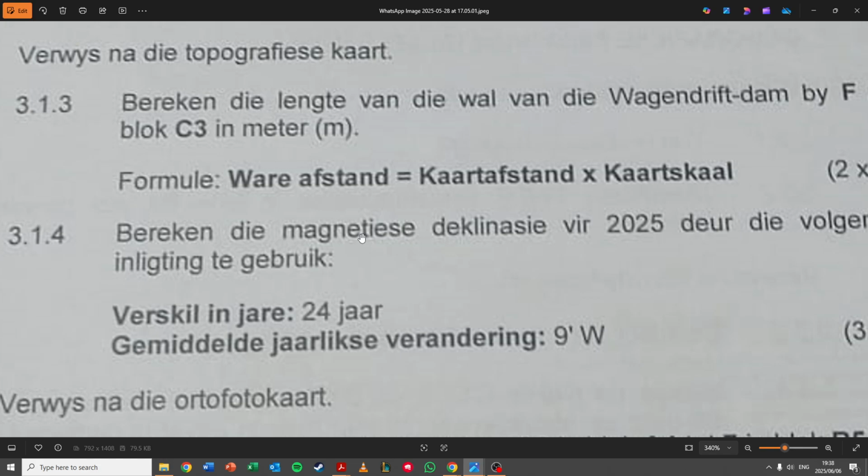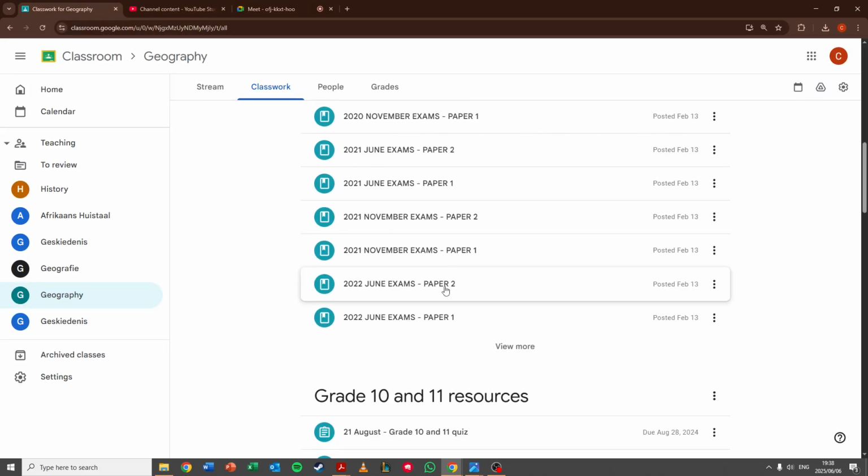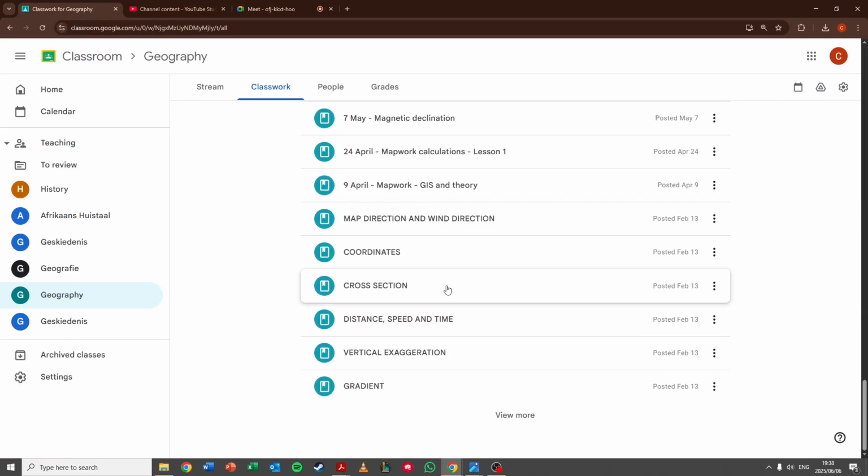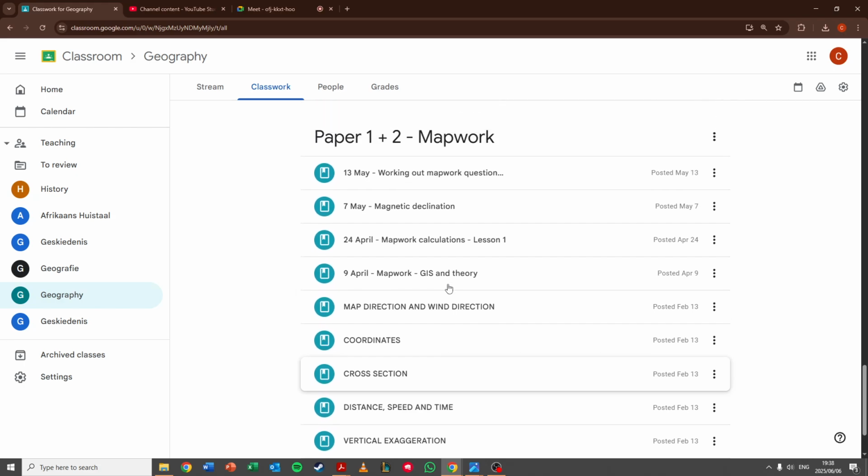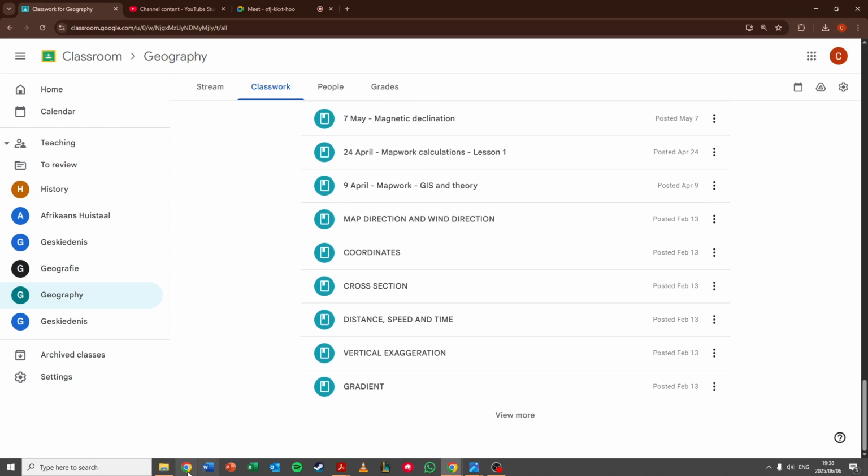Now I forgot the word. Just give me one moment. I can't believe I just forgot it. Because I still have the... No, I can't remember what it is. The one that goes with magnetic declination. Let me just quickly get my thing here. Sorry about this.